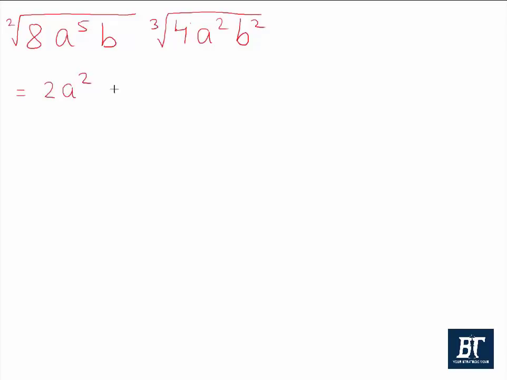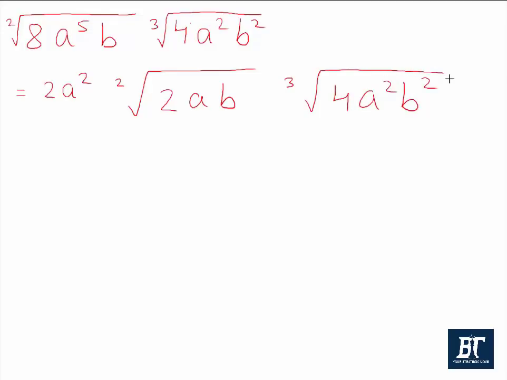So finally we will get 2a square and then square root of 2ab, and here we cannot do any further simplification, so we'll just leave it like this. Now next thing we will do is change the order. So we'll multiply this by 3 and then take a cube. We'll multiply this by 2 and then take a square here.